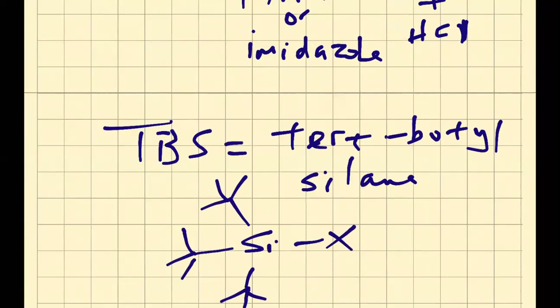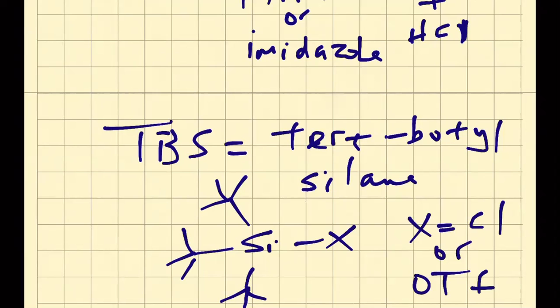And then whatever your leaving group is. Chlorine. Most of the time it's going to be a silyl chloride, or silyl triflate. Right? It's going to be chlorine or a triflate.